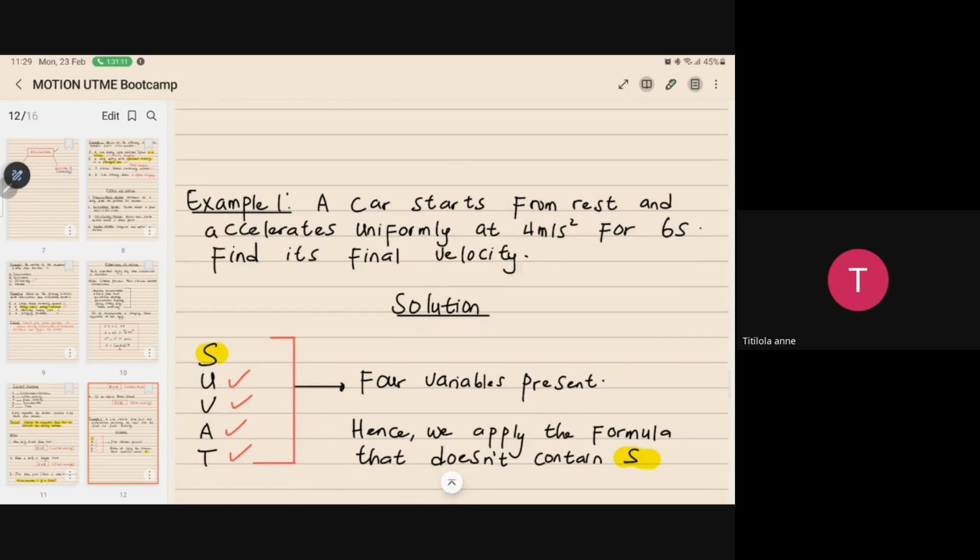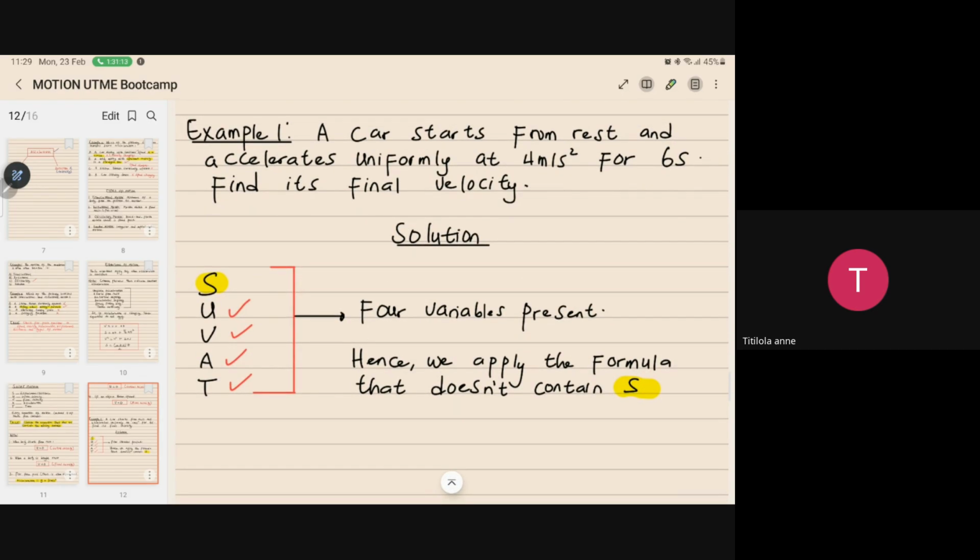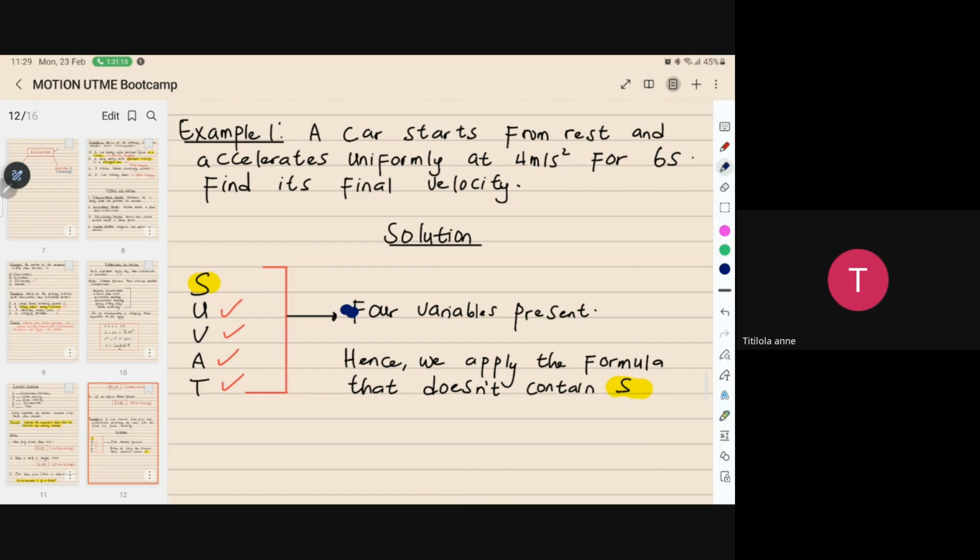All right, so look at what I'm saying. Now, Stephanie, I said that a car starts from rest and accelerates uniformly at 4 meters per second squared. How to know the formula to use is that you take the variables that are present.